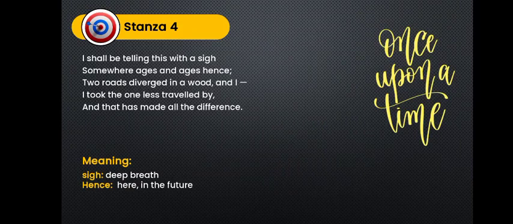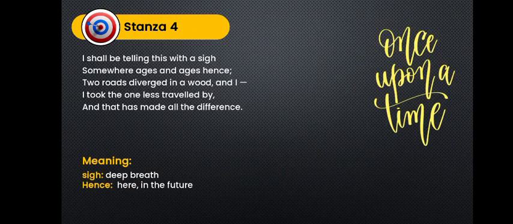So in this stanza, the poet makes the readers choose his way, whether he is to be in a sigh of grief, or in a sigh of relief. It is his only decision. It is his one decision. This makes all the difference.